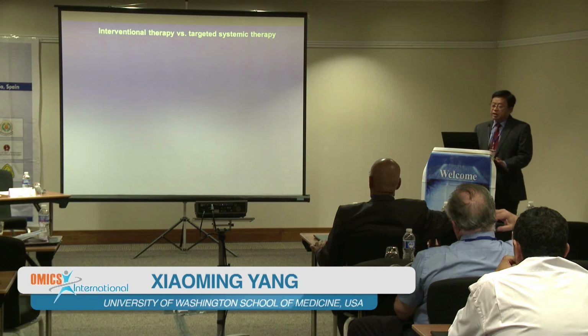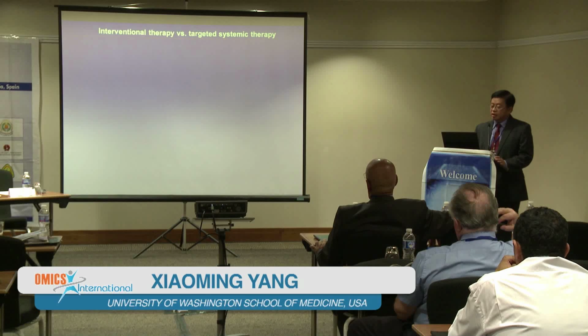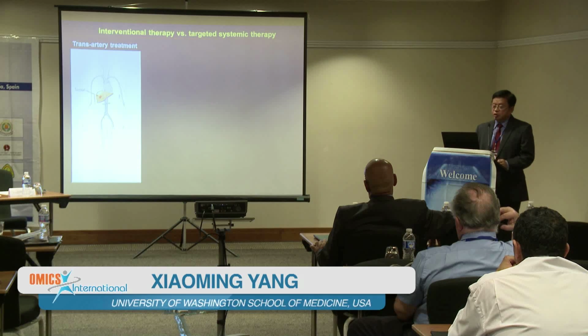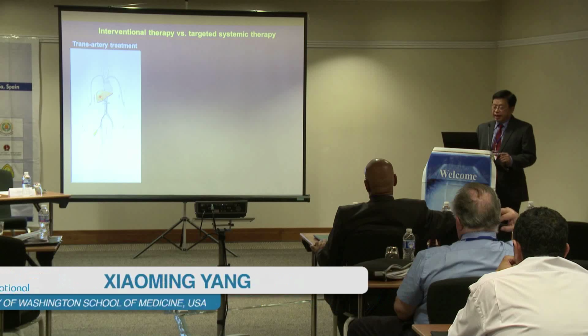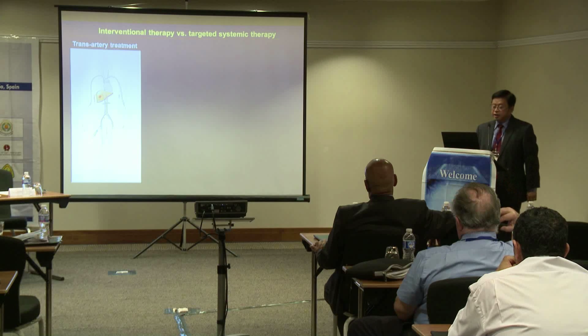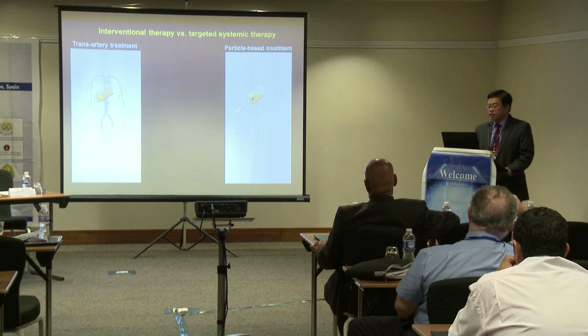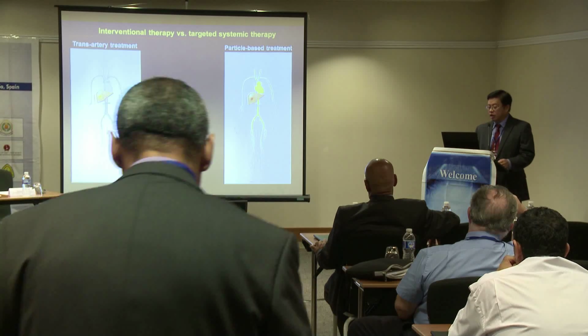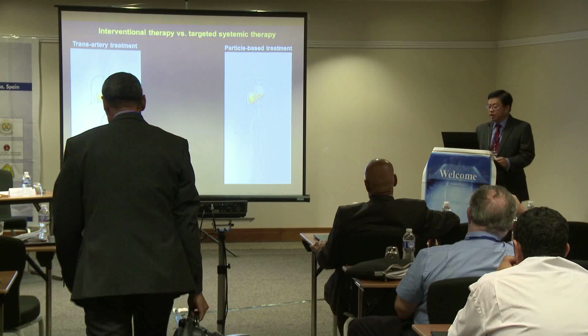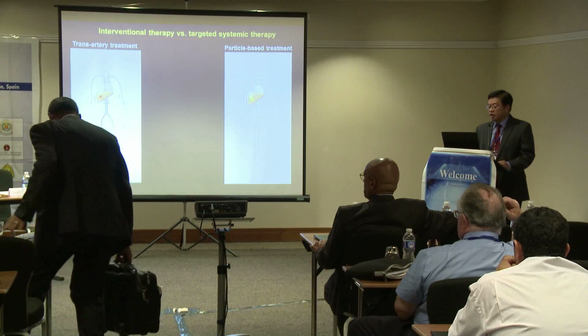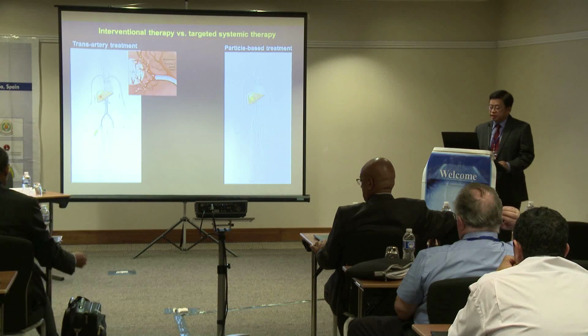Now, let's compare interventional therapy with targeted therapy. For an interventional procedure, we use a catheter and put the catheter close to the target, then deliver the therapeutics. For particle-based treatments, we use a systemic delivery approach, which circulates in the body, through the venous system to the arterial system, then goes to the target to treat it.